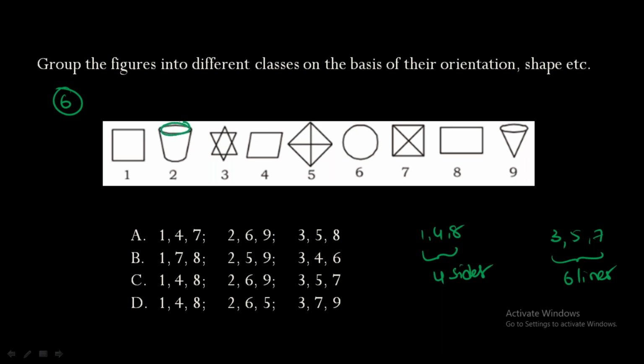Whereas 2, 6, and 9 have a circle, that cone shape, and here there is a circle actually. So we can group 2, 6, 9, 1, 4, 8, 3, 5, 7. Among the options, the best suitable is option C.